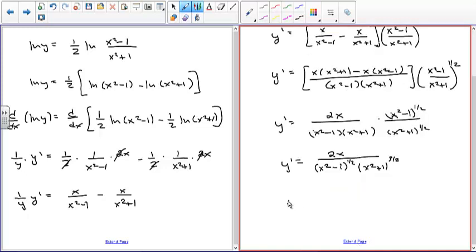And then you could probably change it back to the square root. So you'd end up with 2x over the square root of x squared minus 1 times x squared plus 1 to the 3/2 power. But as long as you get to the point where the only part left would be some algebra, that's fine.